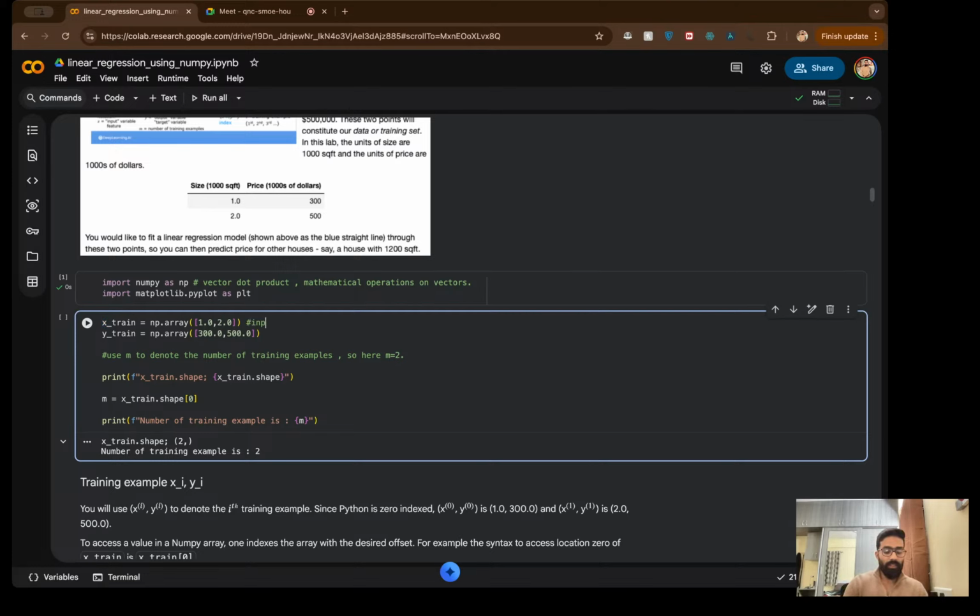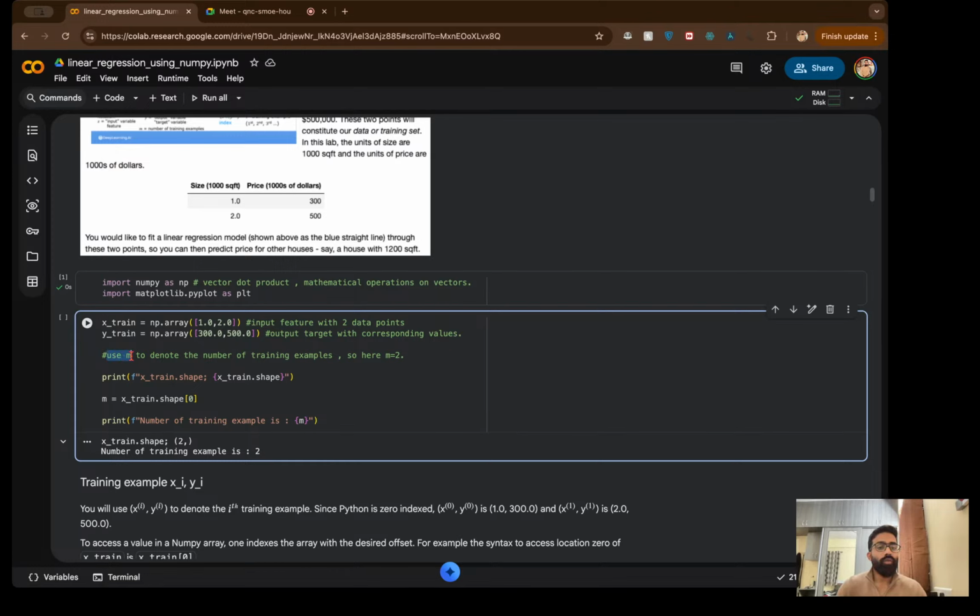Okay, input feature with two data points. And this is the output target with corresponding value. Together this will be called the training data set.